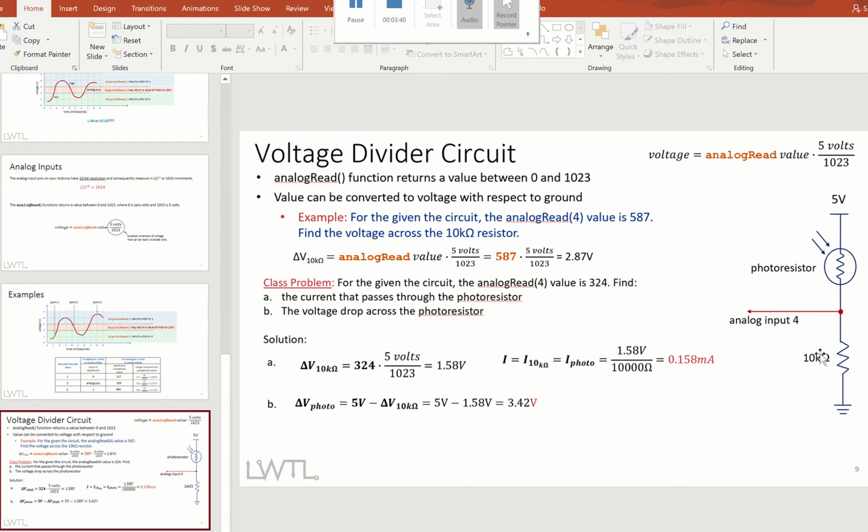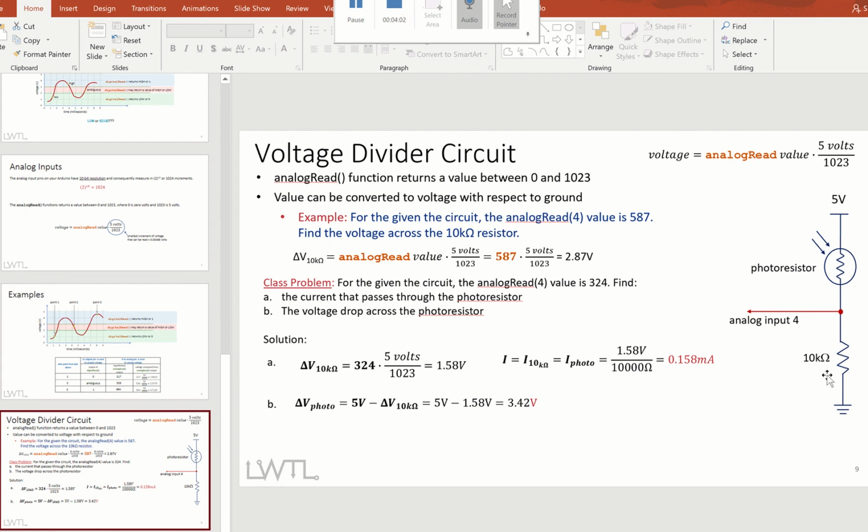Let's look at this example. All right, so this is 5 volts, this is the symbol for a photoresistor, and this is 10 kilo ohms. The photoresistor changes its resistance based on brightness, so this resistance will change. However, the 10 kilo ohms is a fixed resistor.